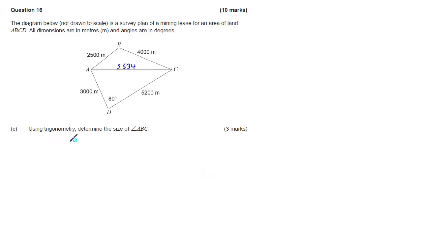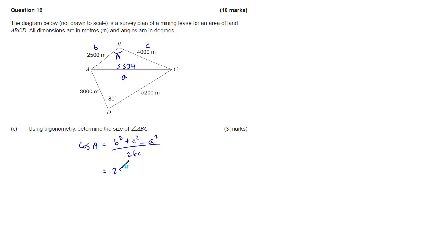Using trigonometry, determine the size of the angle ABC, this one just here. So let's just call this A and this A, call this B and this C. We can use the cosine rule, or you can use an E activity. So cos A, we know, is going to be B squared plus C squared minus A squared over 2BC.